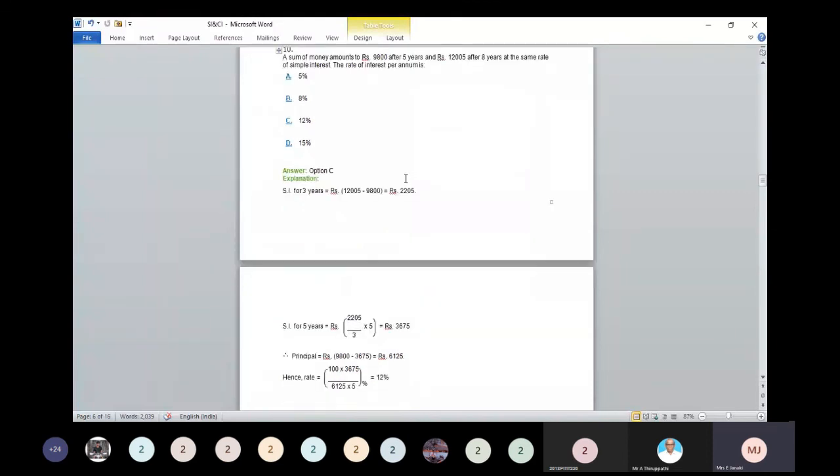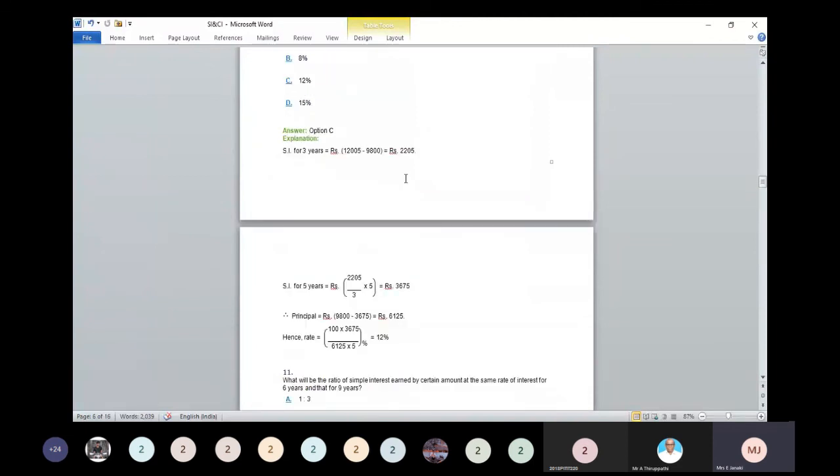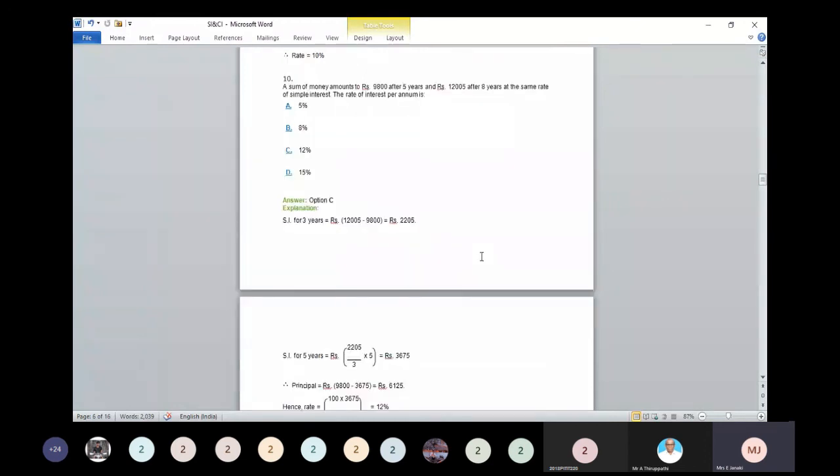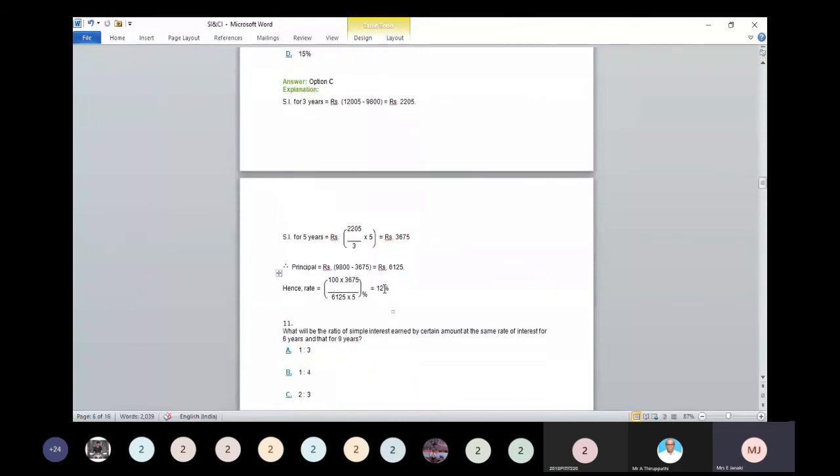Now you have calculated the simple interest for 5 years, 3,675. Therefore the principal is equal to 9,800, which is principal plus simple interest, minus only the simple interest, 3,675. So you're getting 6,125. This is the principal only.